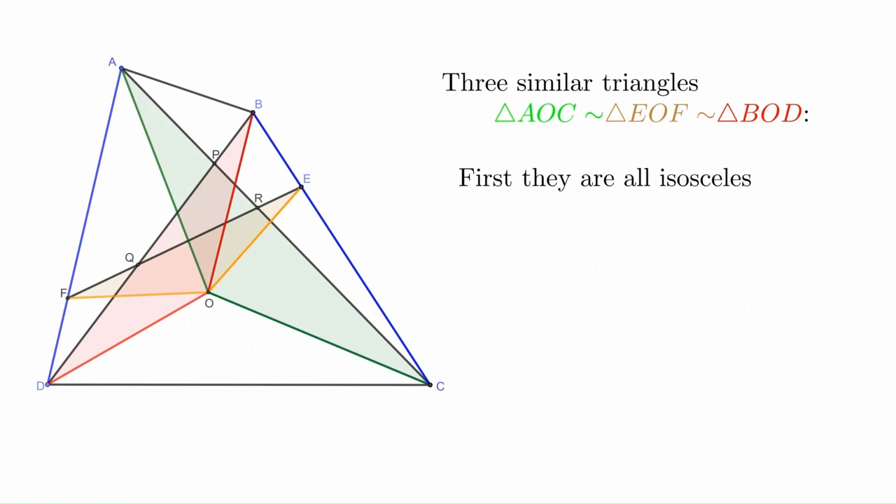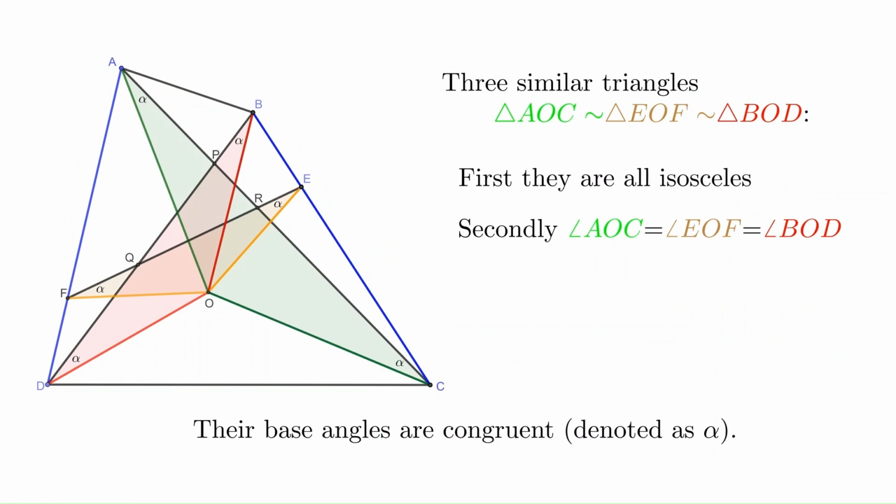First, they are all isosceles triangles, and secondly, their top angles AOC, EOF, and BOD are congruent. As a result, their base angles are also congruent. They are denoted as alpha. Each isosceles triangle has two base angles, so there are a total of 6 alphas.